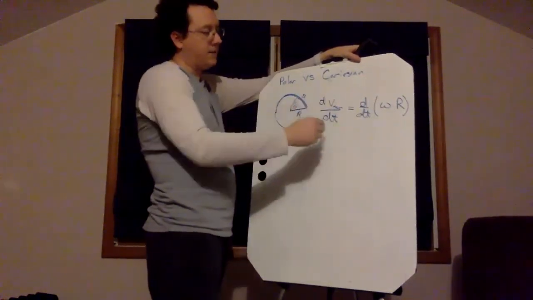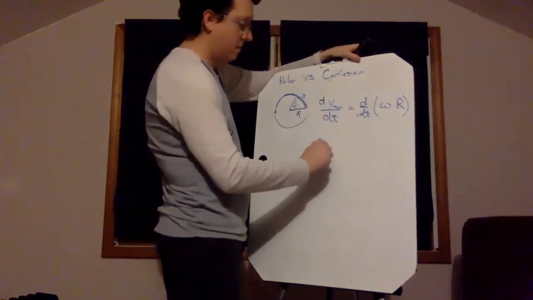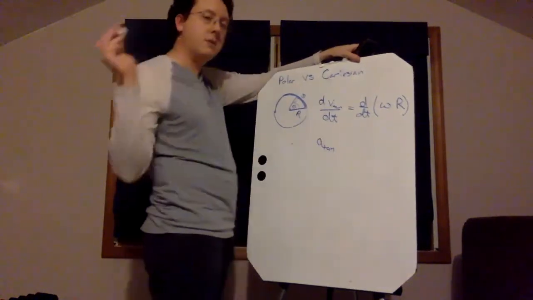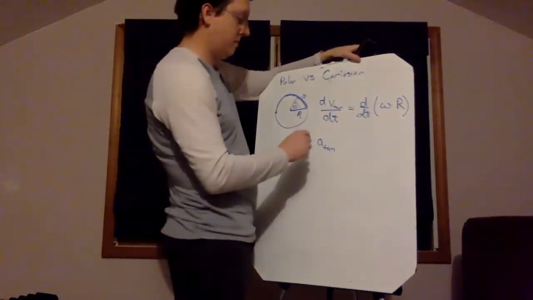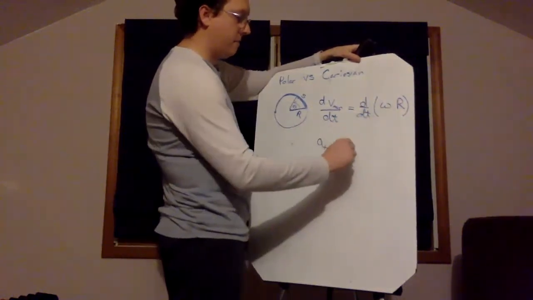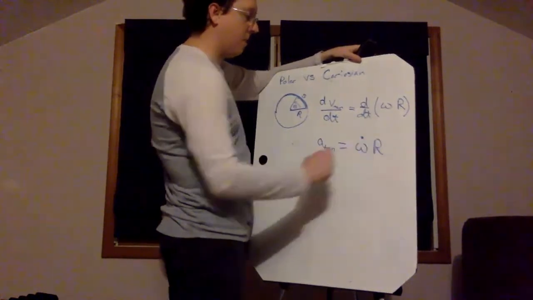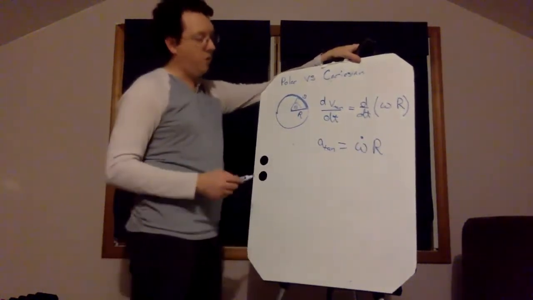Now on the left-hand side, this is nothing other than the tangential acceleration that we saw in the last video. And when I take that derivative, this becomes omega dot times r.